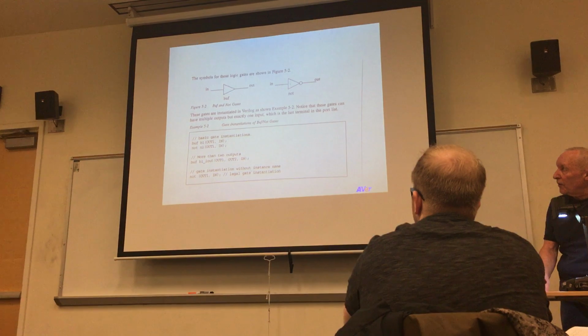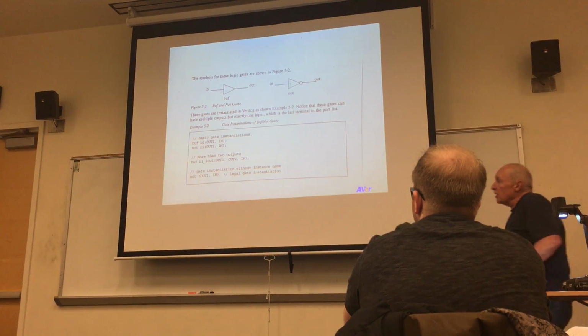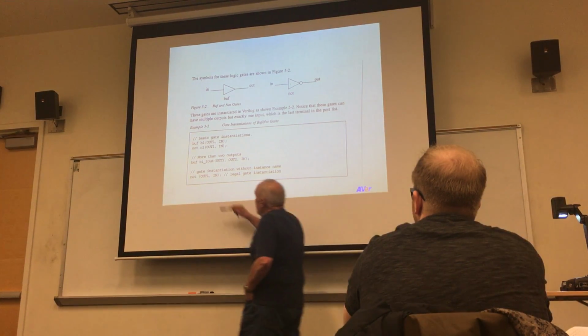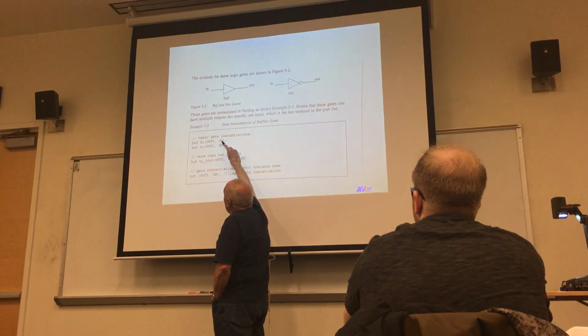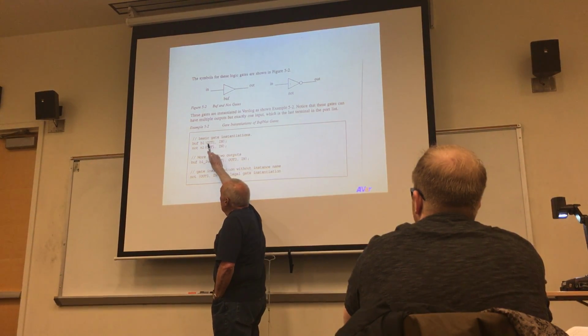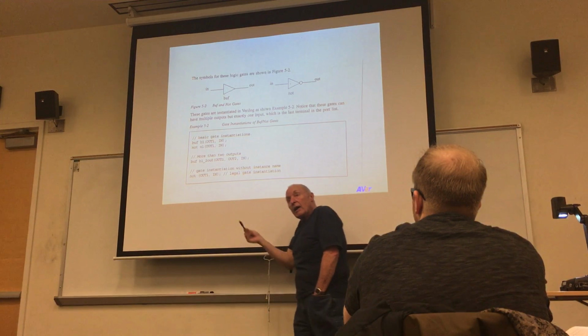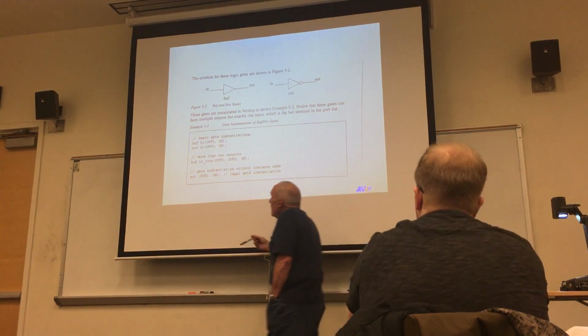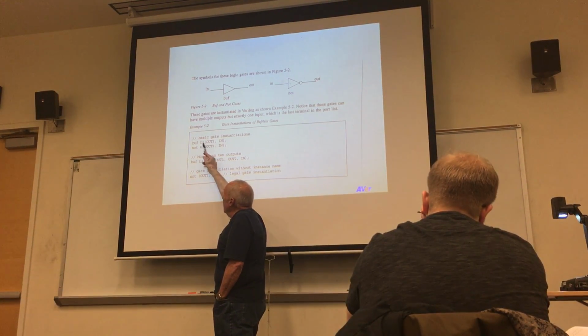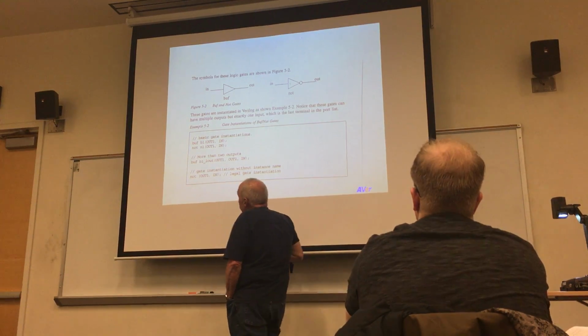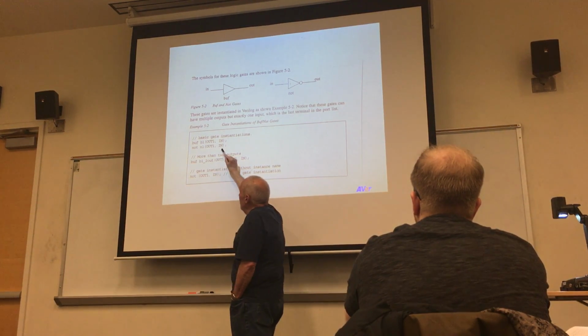And here is example 5-2 where they show you gate instantiations. These 2 are kind of obvious. Again, the first entry is the identifier for the output. So here, out 1 is going to be the output for the buffer, and N is the input.